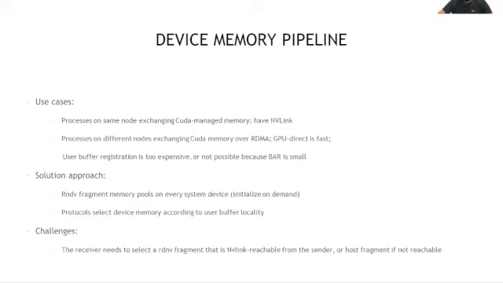The problem is that the receiver doesn't know in advance if the send buffer is going to be reachable or not over NVLink. So if it selects a GPU buffer and it won't be reachable from the sender, then we cannot actually do the rendezvous protocol. But if it selects a host buffer and it is reachable, then we're missing out on the opportunity to use NVLink here.